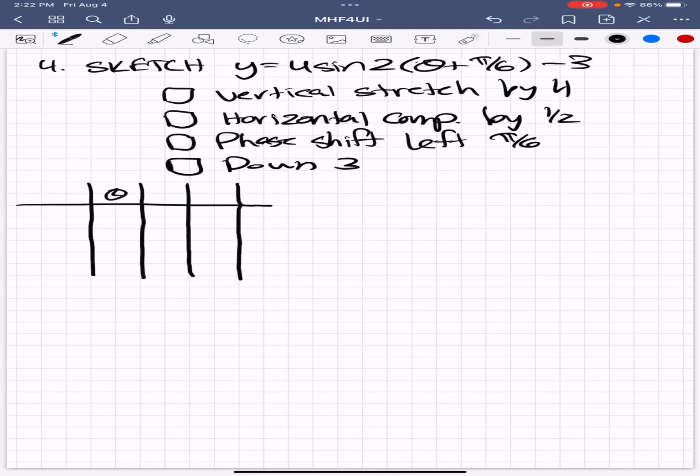Okay, so we have theta, sine theta, or y. Okay, so we have times 4 minus 3. And then we have times half minus pi over 6.